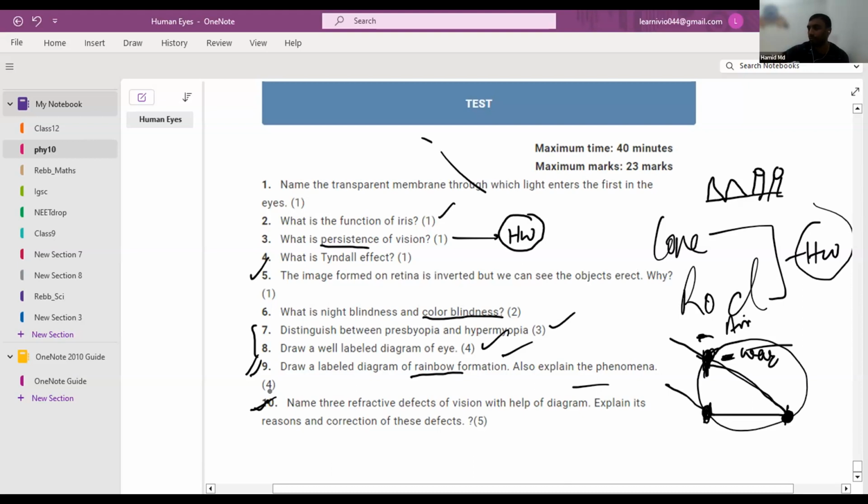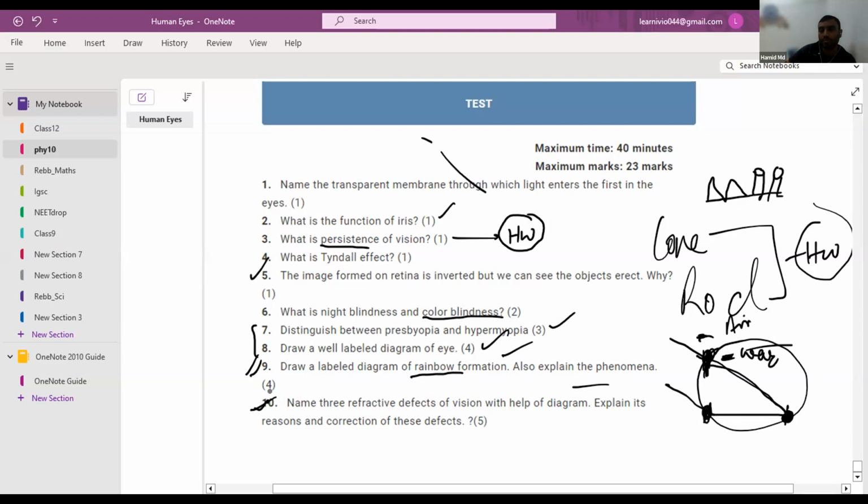Next time we will be doing electricity and the magnetic effect of electric current. We will be doing question answers like this only. Once we do long or short answer questions, we already did some MCQs, right?